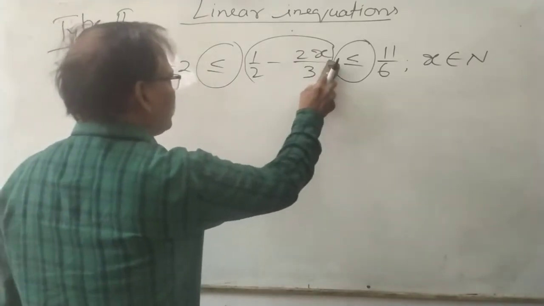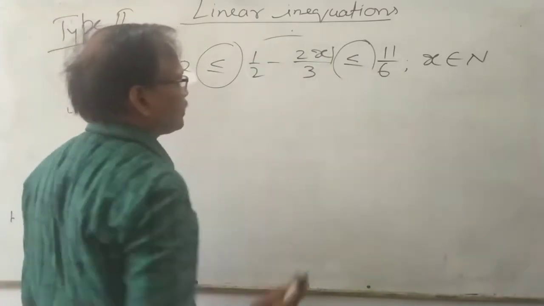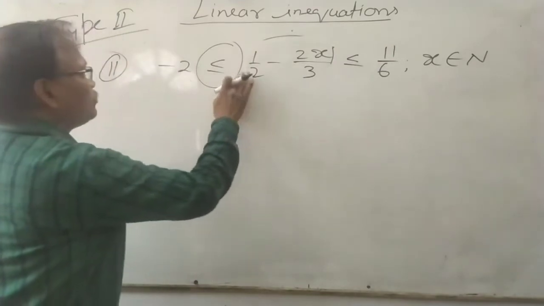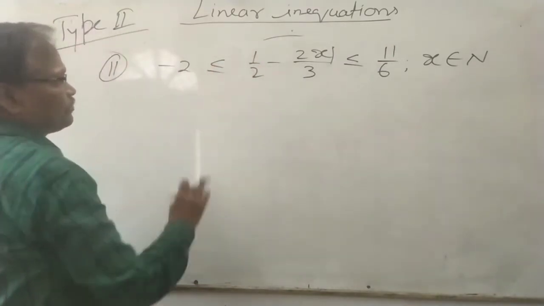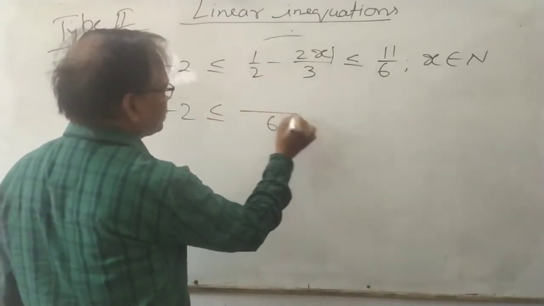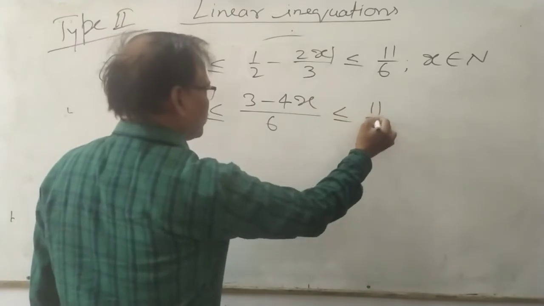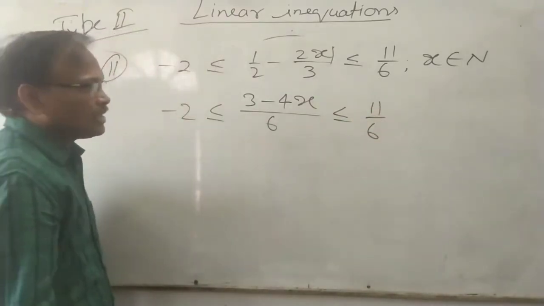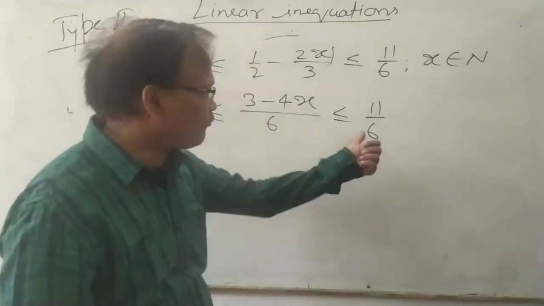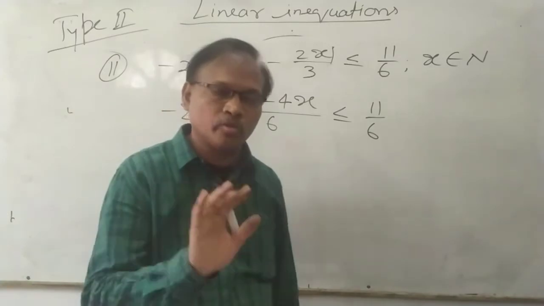Very easy. First of all, take the LCM of everything. Here 6 is the LCM. 3 minus 4x, and here already 6. And make it linear. How to make it linear? Fractions may be a little difficult, but if you make it linear then there will be no difficulty.